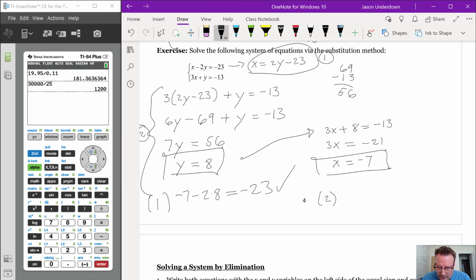So we plug in 3 times negative 7 plus y, which is 8. Is this equal to negative 13? Well, 3 times negative 7 is negative 21. Negative 21 plus 8, yep, that equals negative 13. Checks out. So we know our solution is valid.